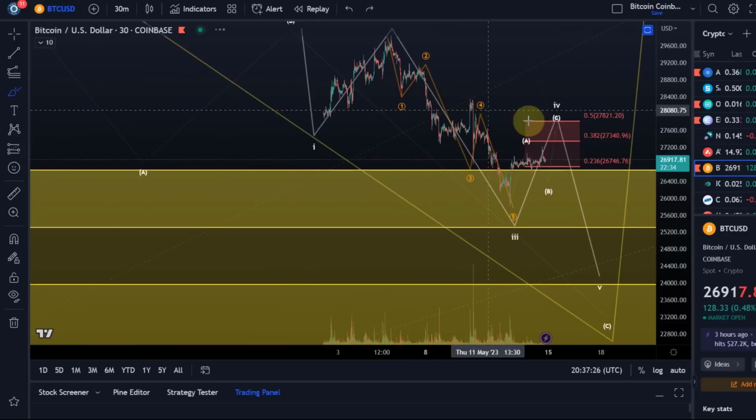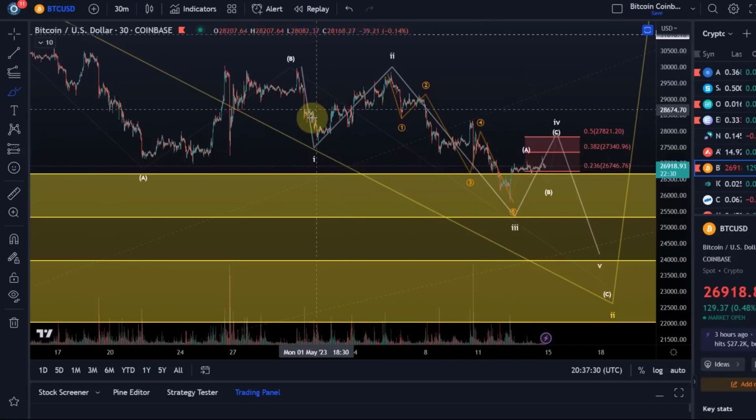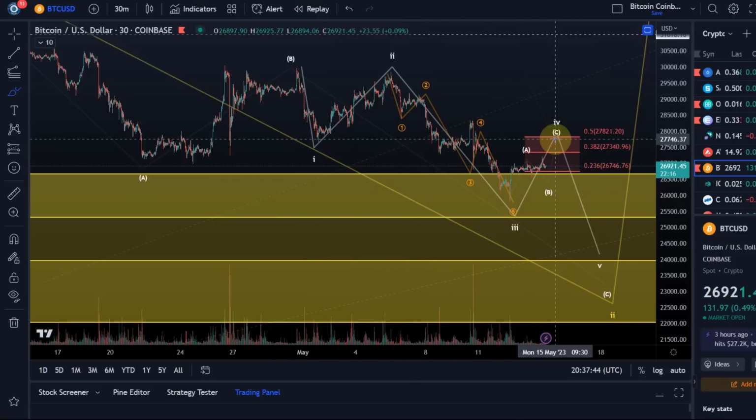I had a few comments saying this would be invalidated if it overlaps with wave one. This can easily be counted as an ending diagonal in the C wave. So an overlap between wave one and wave four in a C wave is not a problem, generally.